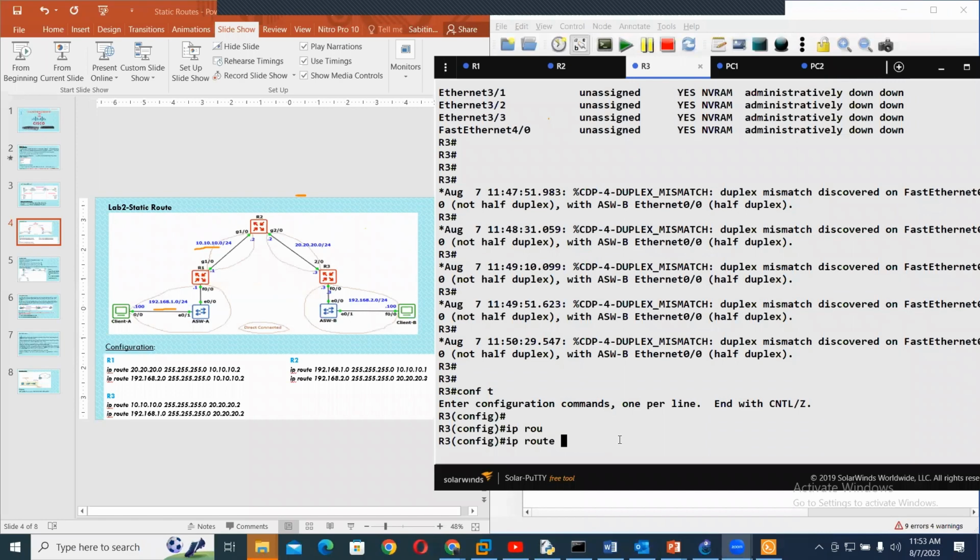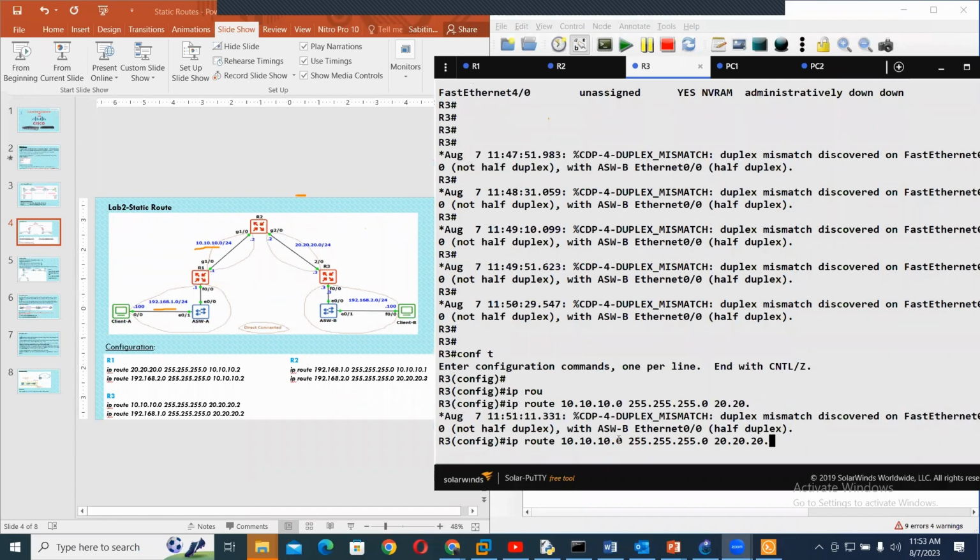IP route 10.10.10.0 255.255.255.0 20.20.20.2.